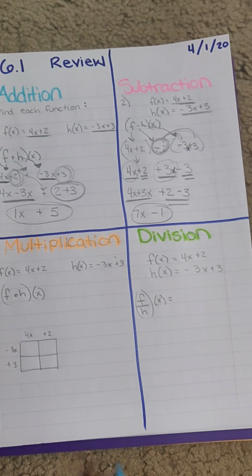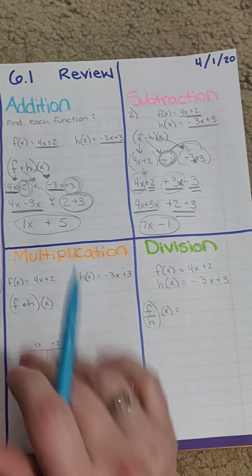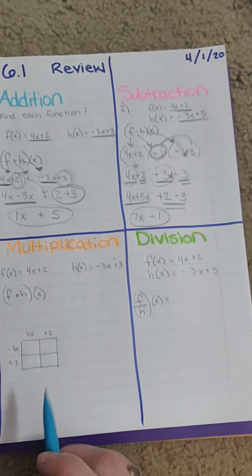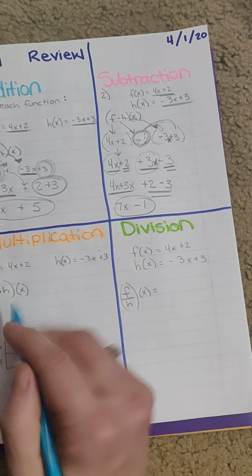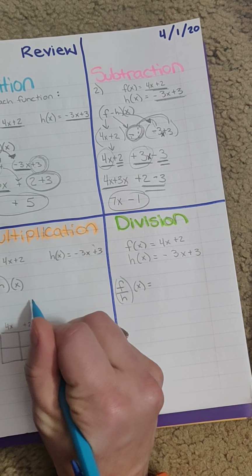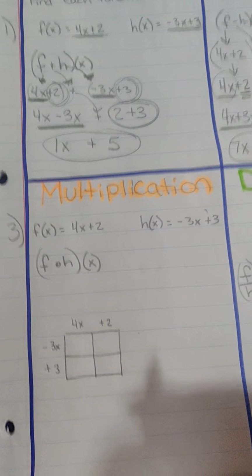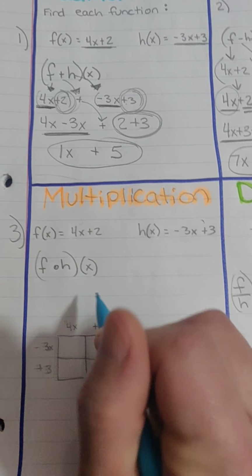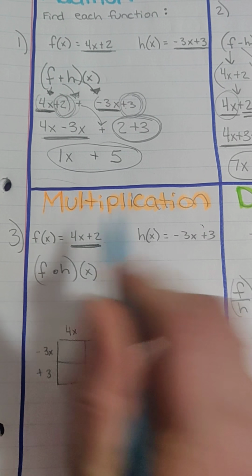Okay? So for multiplication, we're going to set it up very similar to addition, subtraction. The only difference is we're multiplying. So I'm going to take my value of f, which is 4x plus 2.